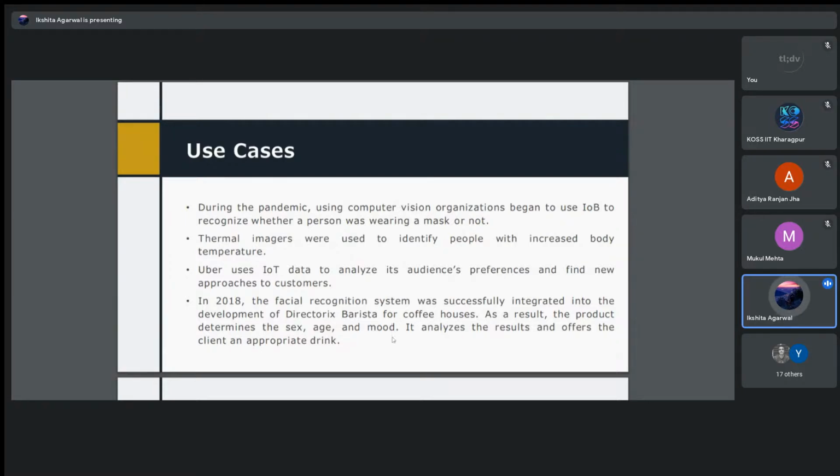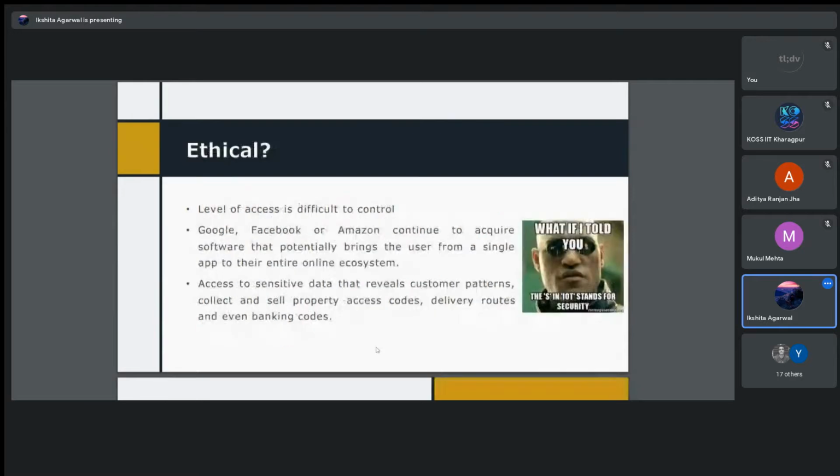And in 2018, a facial recognition system was successfully integrated into the development of Directrix barista for coffee houses, and as a result the product determines sex, age and mood. It analyzes the result and offers the client an appropriate drink.